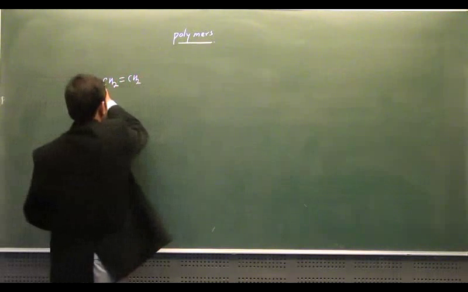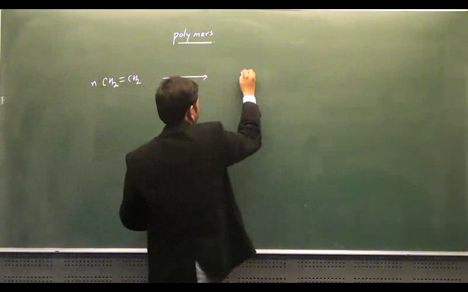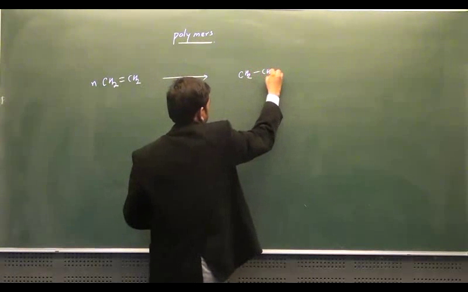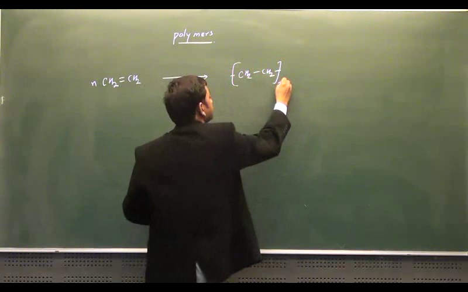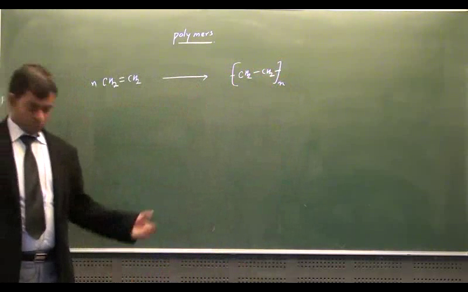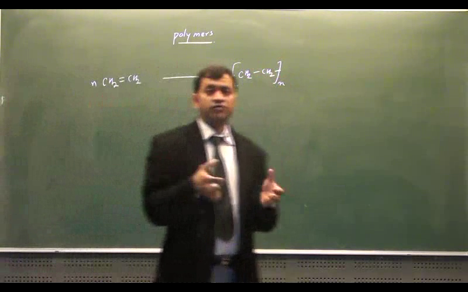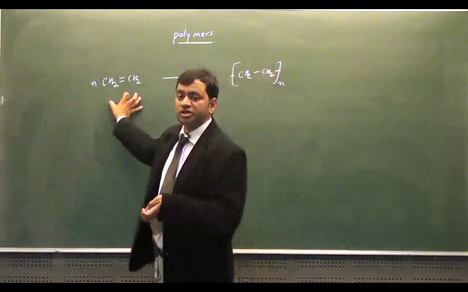Many monomers form a polymer, like ethene. This is the monomer.